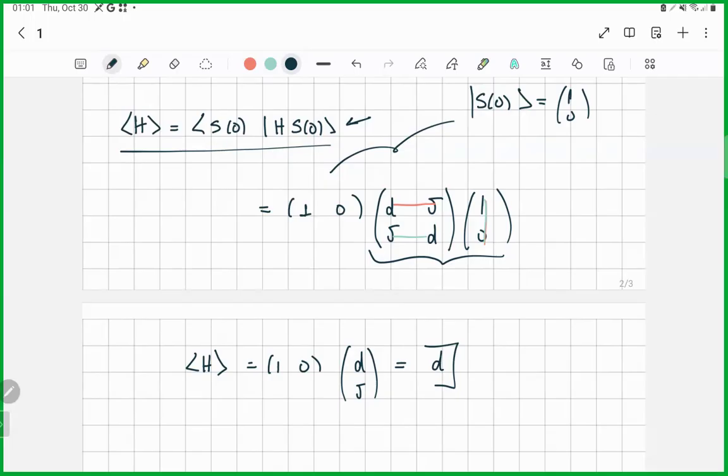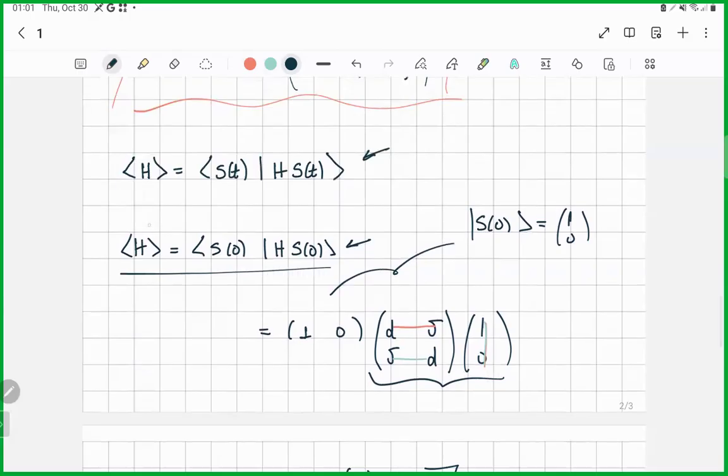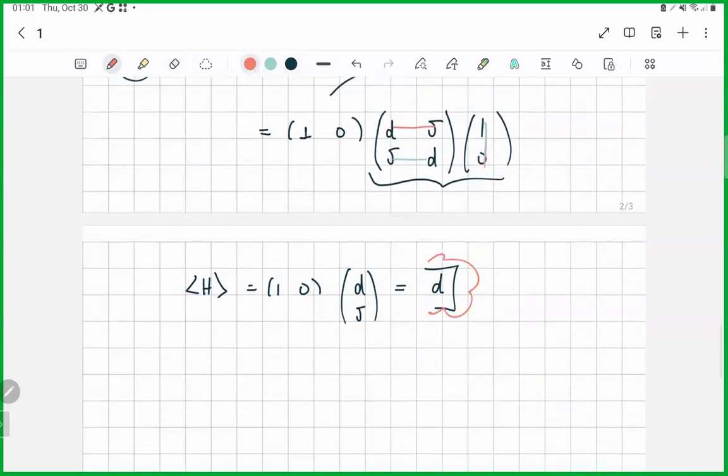There is an interesting thing that I'll let you check. If you compute the expectation value for the Hamiltonian, the average value for the energy, at any time, you can check that you will get d. Because the energy of this system does not change. The energy does not change unless we inject energy or extract energy, but we are not doing that in this problem.